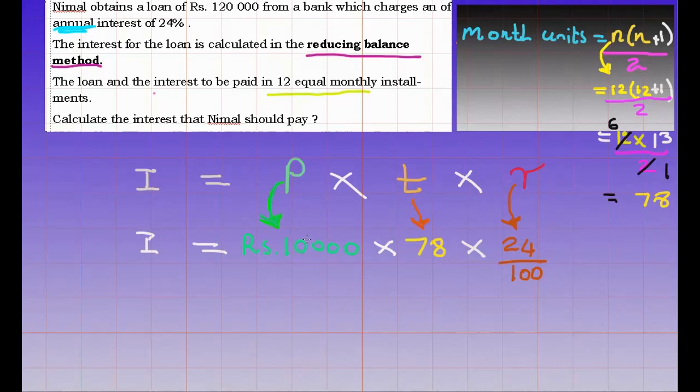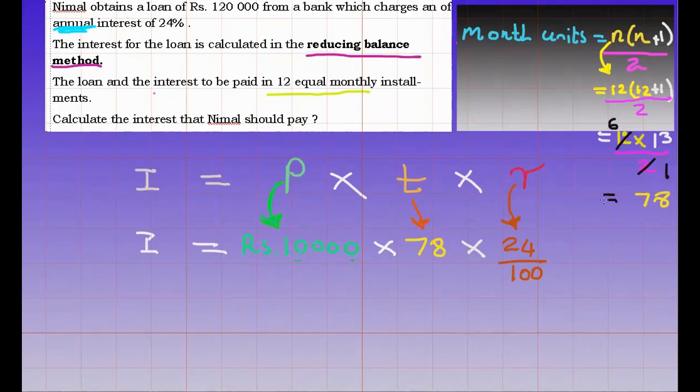That's the loan amount or part of the principal paid monthly. So if it is on a monthly basis, the interest rate should also be per month.